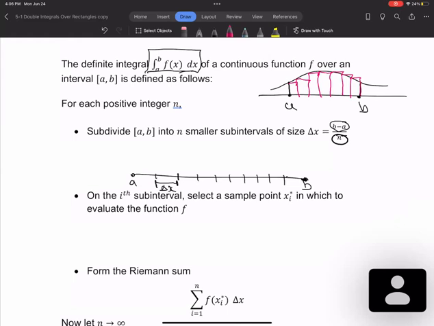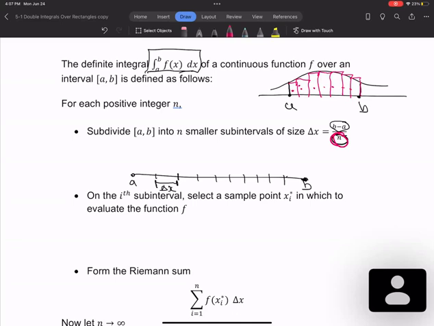The idea was to find the area of each rectangle and add their areas. And the limit when this number n goes to infinity will make smaller rectangles, so the area will get closer to the real one.